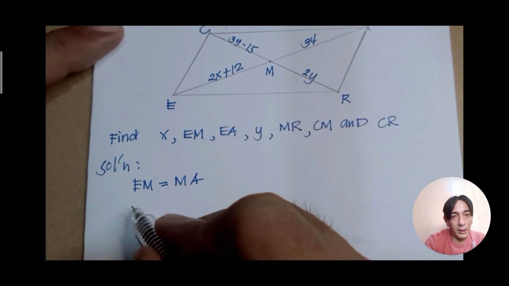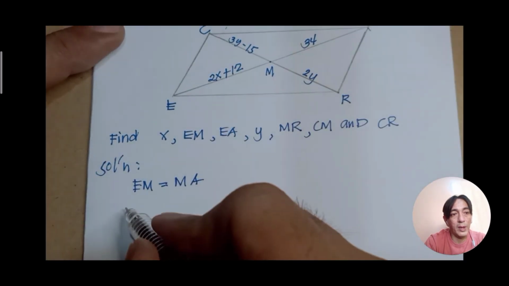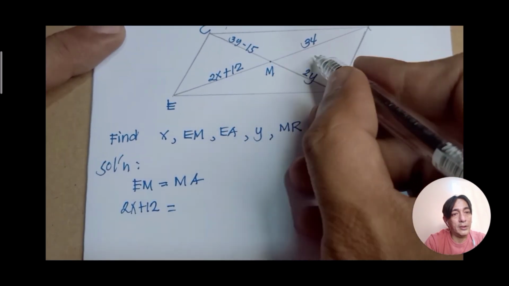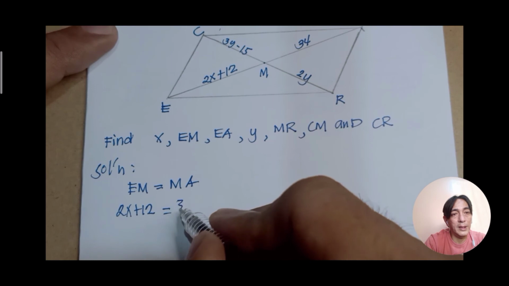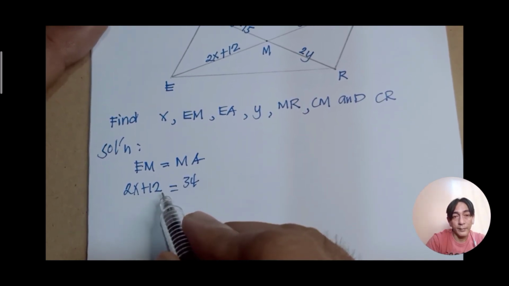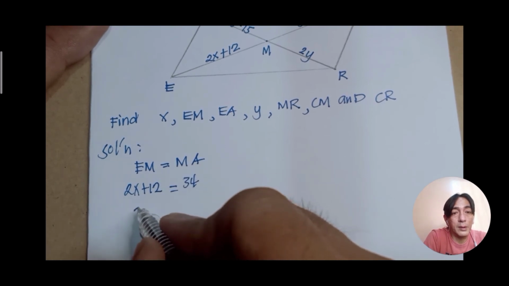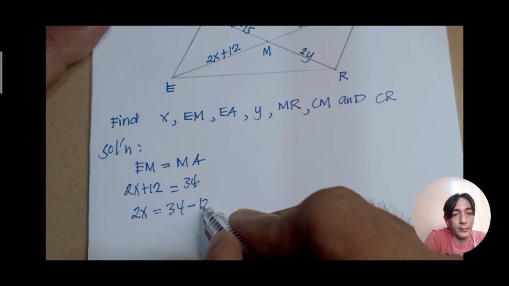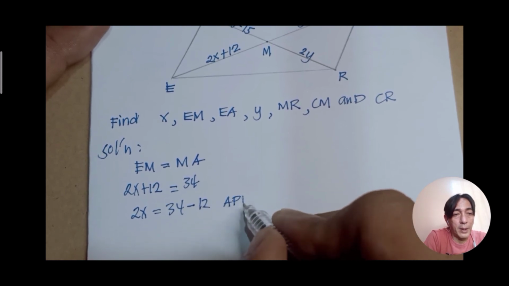Okay, so yung AM given by the expression 2x plus 12. Yung MA naman ay 34. Okay, so madali natin makuha yung EM mamaya kasi yung MA ay 34. So 2x equals 34 minus 12. Okay, so addition property of equality.